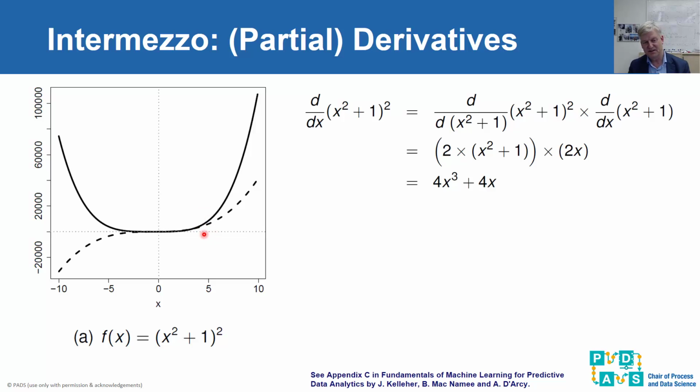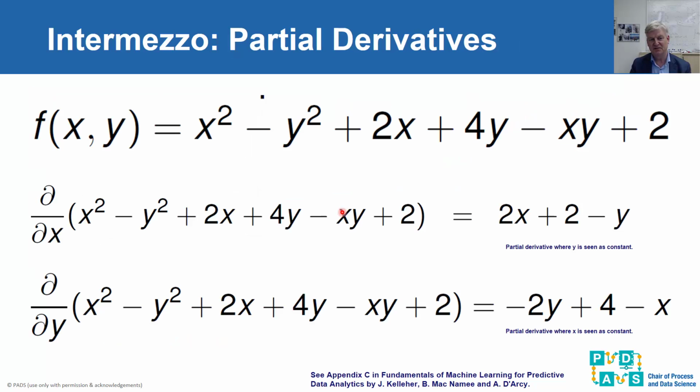And the bigger the x, the faster this goes, so this derivative is also going up. Just fill out some values and you understand that this is actually the correspondence. So that's a basic refresher showing how to compute the derivative of a function.